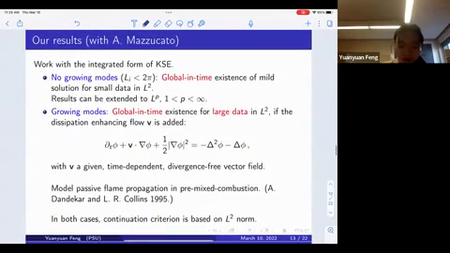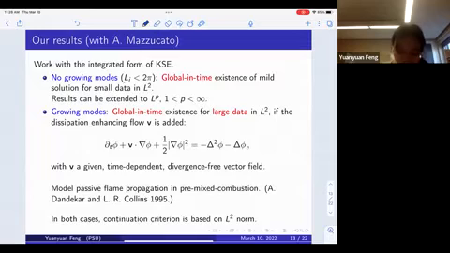So for our result with Mazzucato, we worked with the integrated form of the Kuramoto-Sivashinsky equation. We find that if there are no growing modes, that means Li less than 2 pi in each direction, then we have global in time existence of mild solutions for small data in L2. And this result can be extended to Lp for any p between 1 and infinity.